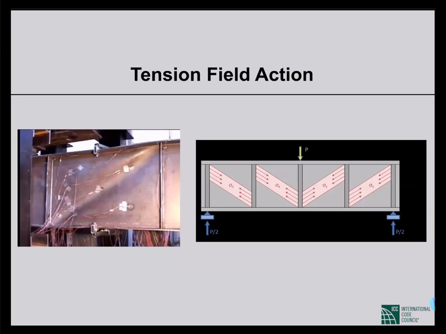So what is tension field action? As I said, in the case of concrete, when we talk about shear, we are always very worried about diagonal tension, right? Because concrete cannot take tension. In the case of steel, we are worried about diagonal compression that causes buckling. But when there is diagonal compression, there is also diagonal tension on the other side. When it buckles in one direction, there is compression, and in the other direction there is tension, and steel can take tension.